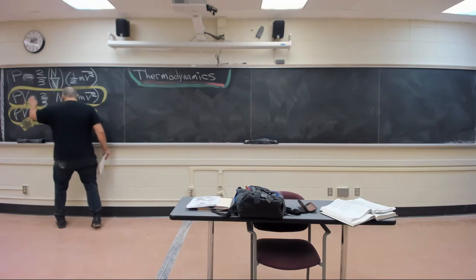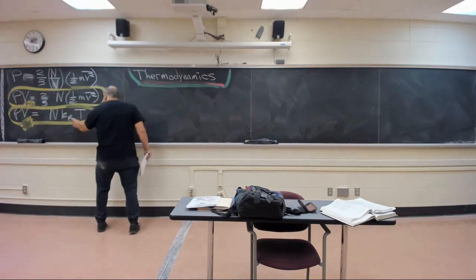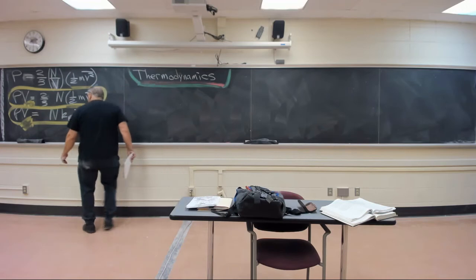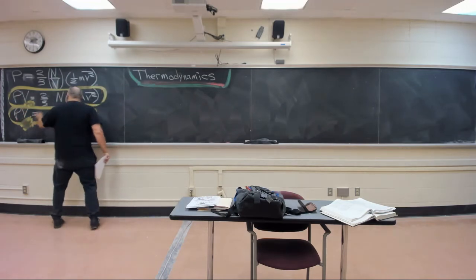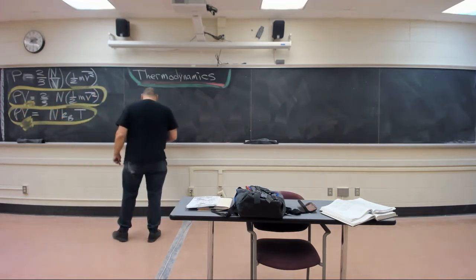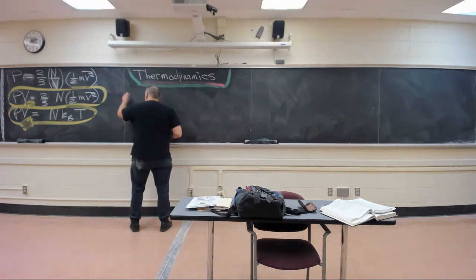PV and PV are the same thing. That means this and that are equal to each other. The left sides are equal to each other. The right sides are equal to each other. Make a long story short.